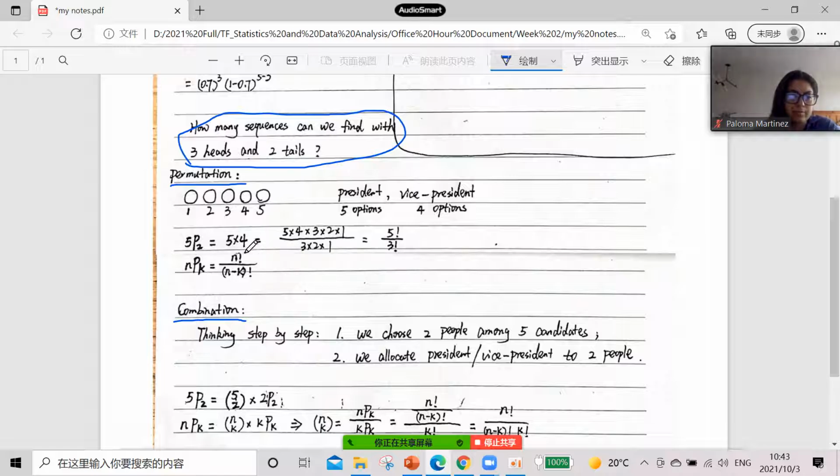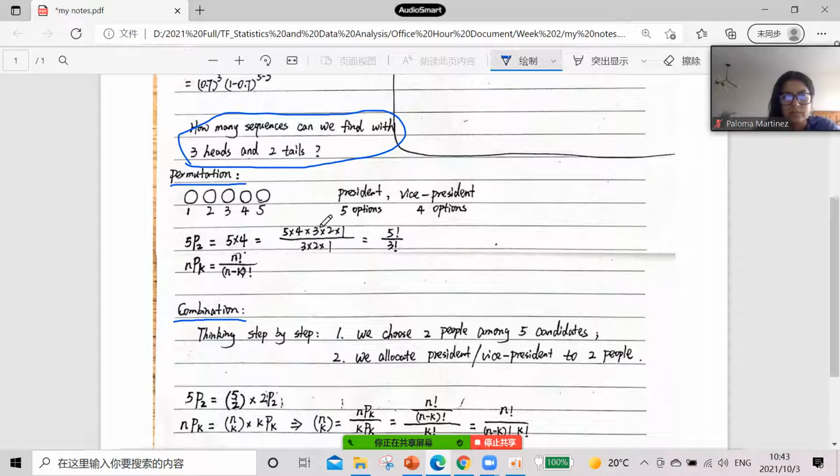And many times, it doesn't generalize easily to the n case, like n permutation k, it's very difficult to write a formula like this. So mathematicians did something pretty weird, but it makes the formula seem a little bit easier.